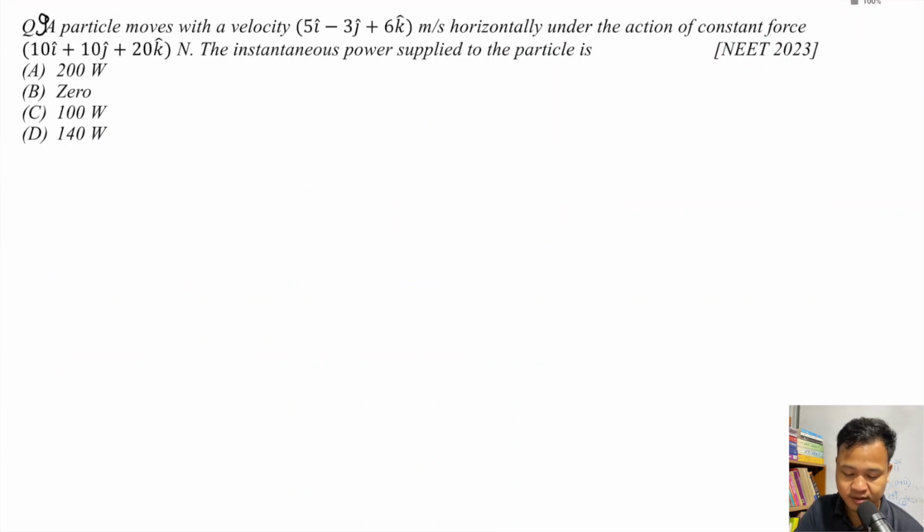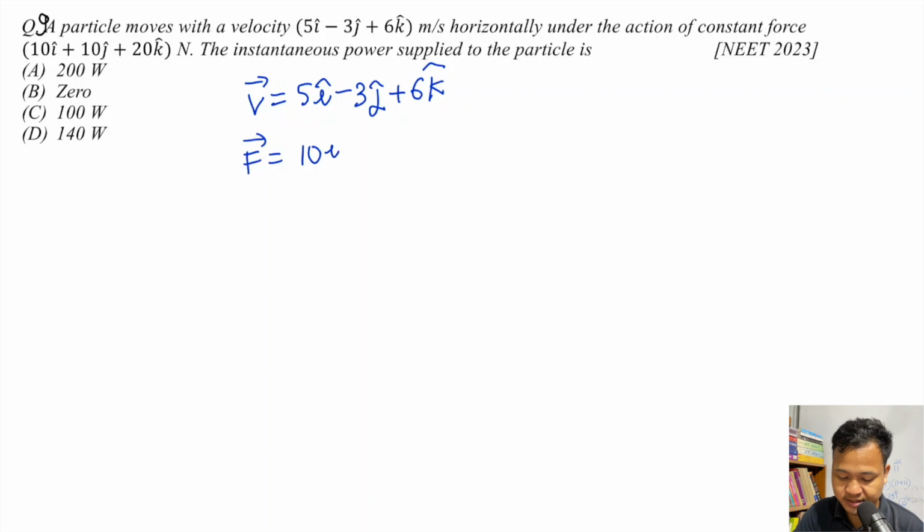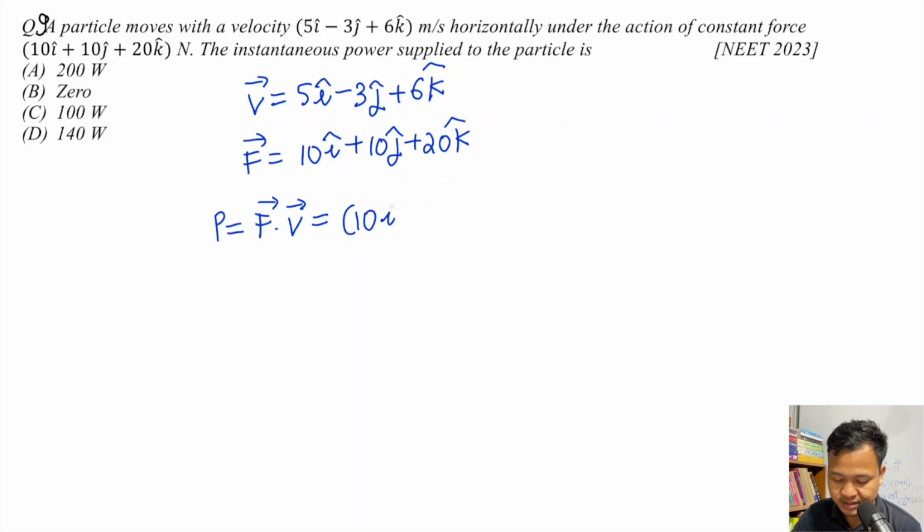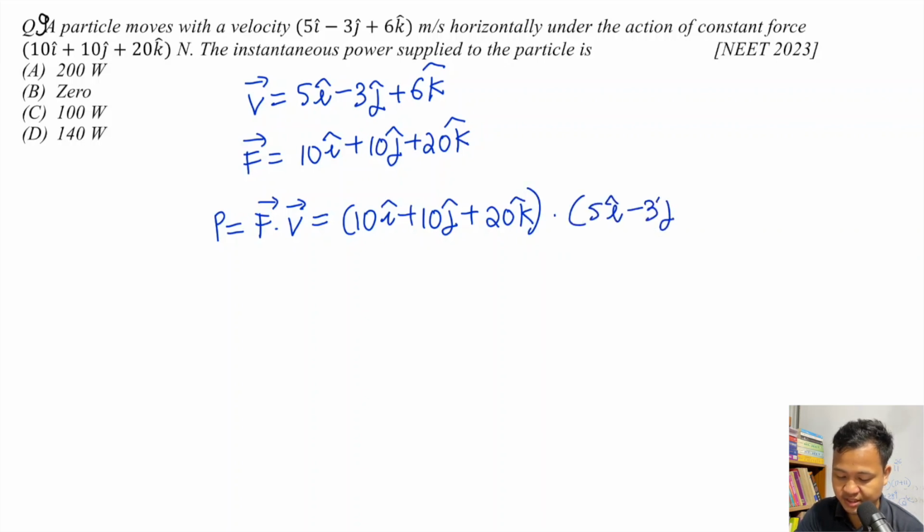Next, another medical exam question. A particle moves with velocity 5i minus 3j plus 6k, under a constant force 10i plus 10j plus 20k. For instantaneous power there is a direct formula, P is equal to F dot V. So 10i plus 10j plus 20k dot 5i minus 3j plus 6k.